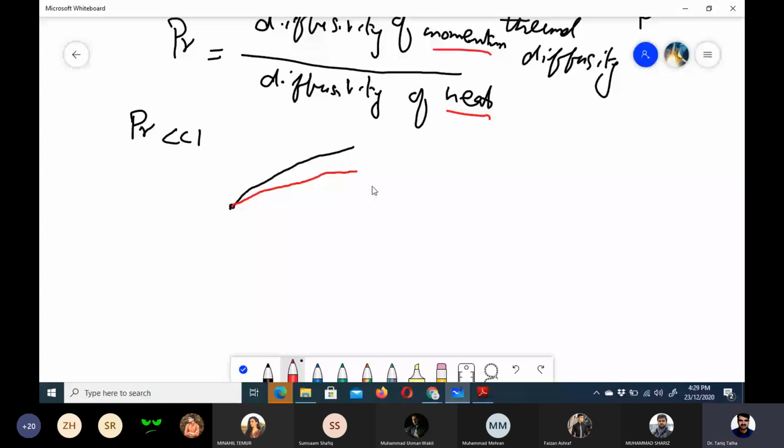When the Prandtl number is less than 1, it means that the diffusivity of heat is more.